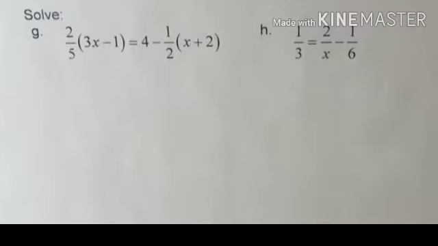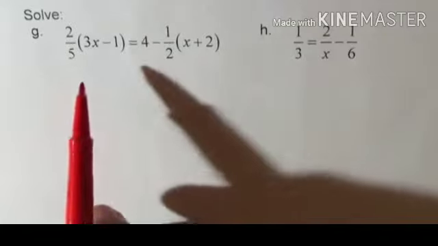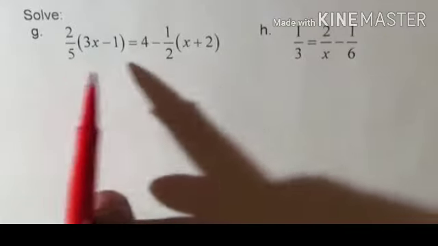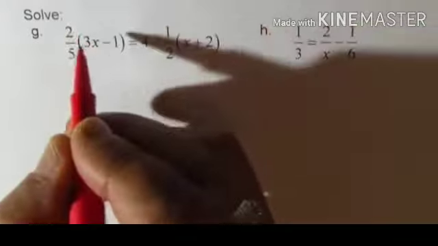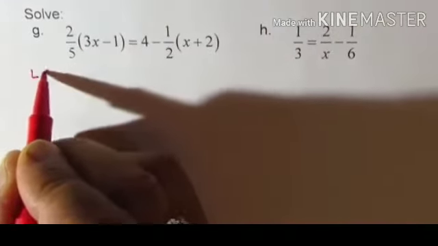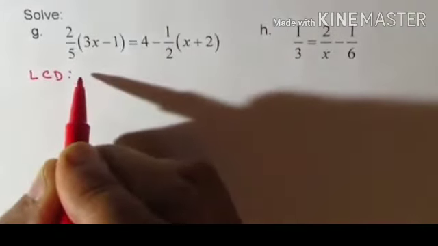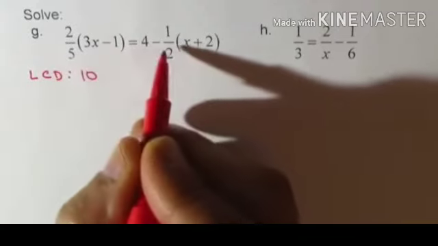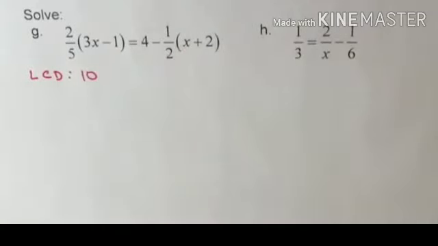I hope by now you have learned this strategy. Apply and solve these 2 questions, then check with my solution. Here, 5 and 2. So what is the lowest common denominator? In this case, the lowest common denominator is 10. So we'll multiply every term by 10.